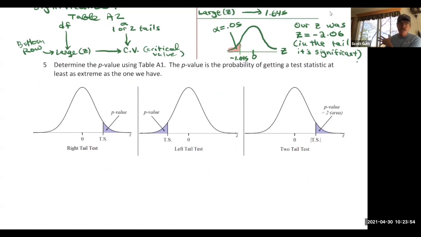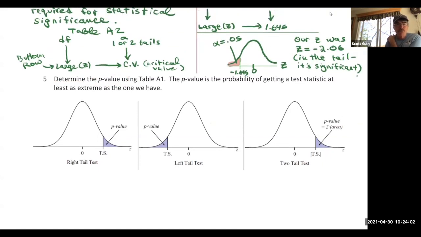So to be more explicit, you can determine the probability, which is called a p-value. You've seen that term in the book before. Now it becomes a term we'll use constantly. The p-value is the probability of getting a test statistic at least as extreme as the one we have. So we got a -2.06. That's in the left tail. So the p-value is going to be the probability of getting something that low on a left tail test.